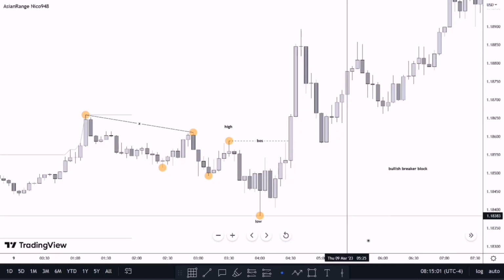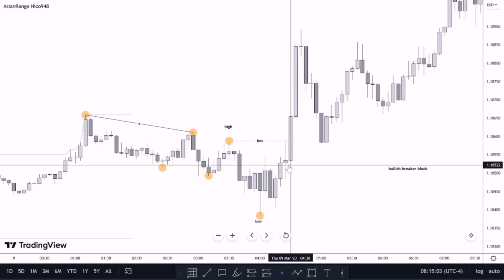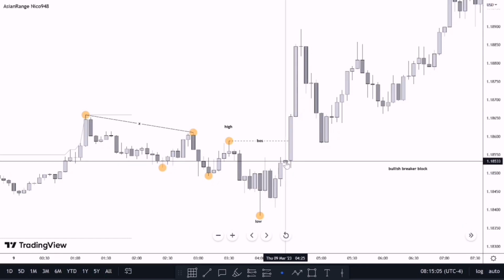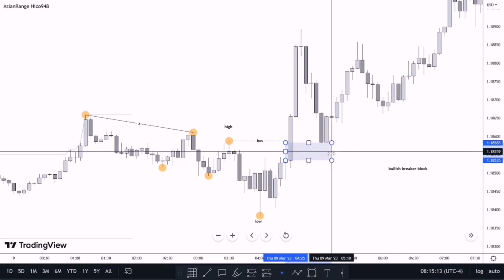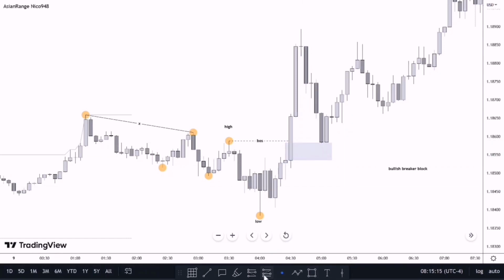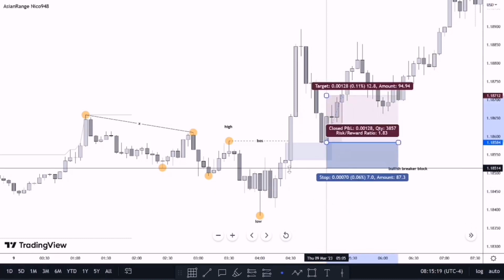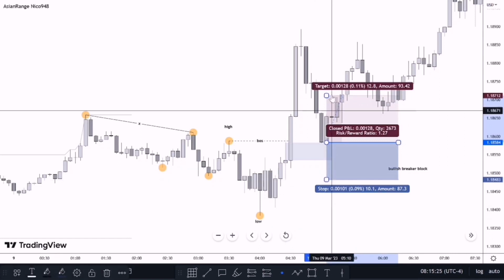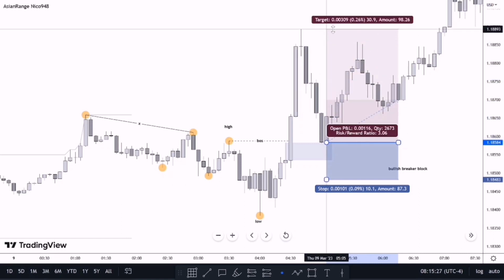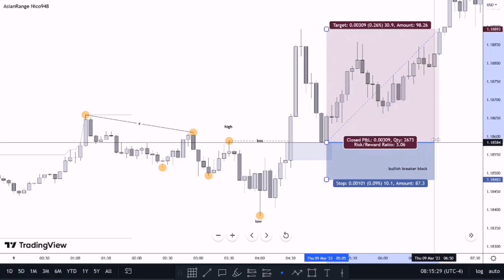To mark up our bullish breaker zone, since the candle has a small body with a large wick, we take the high of the candle body and the high of the wick, drag it all the way to the right, and from there we'll find our entry point with our stop loss just below the low of the bullish breaker block candle, and target the highs to the right side.